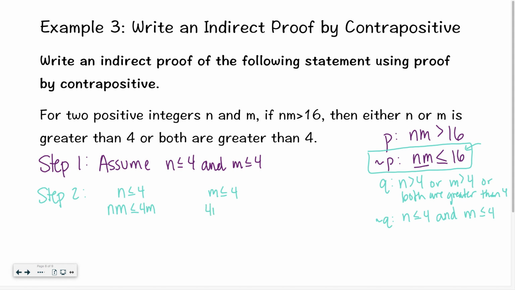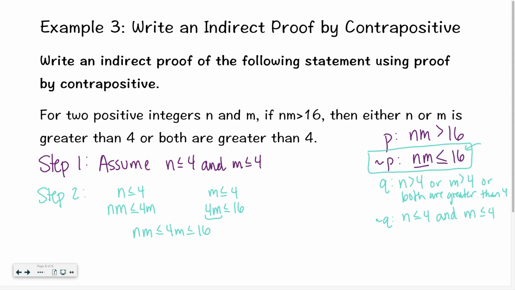So 4 times m is less than or equal to 4 times 4, which gives me 16 on the right-hand side. So now I could say nm is less than or equal to 4m, and then look, 4m repeats. So I can just say 4m is less than or equal to 16.